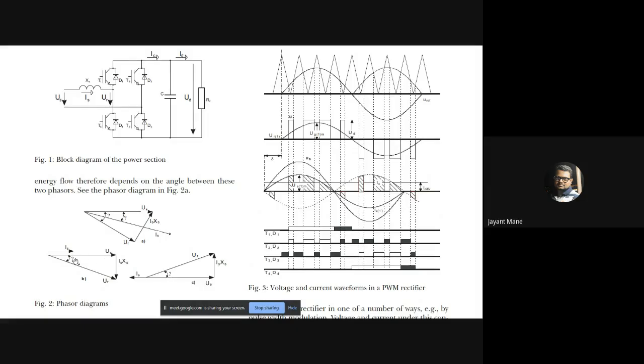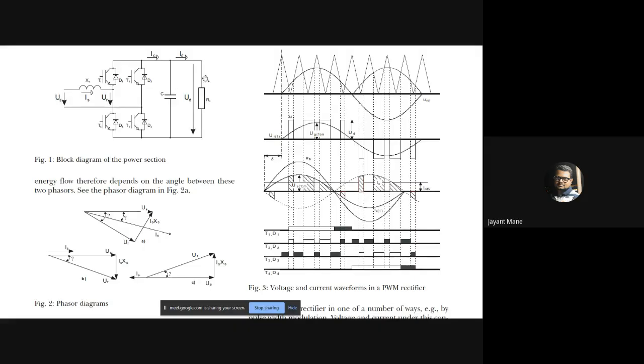Now what is the meaning of this? If they are in phase, it means the source is supplying energy to the load. Whereas here, the supply current is out of phase with the supply voltage, meaning the load is supplying energy to the source. Now that is possible, okay?